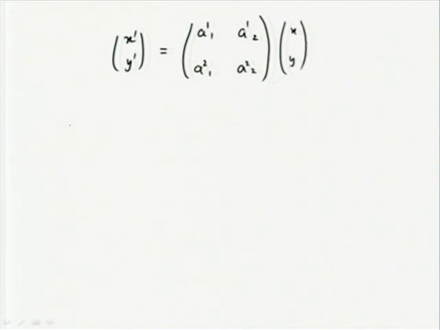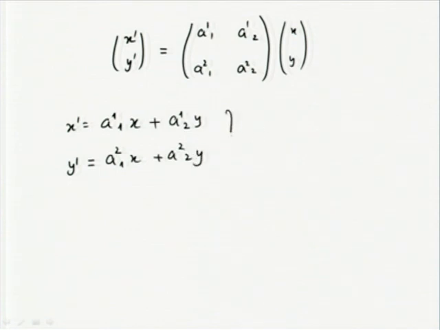So that x prime is A11 x plus A12 y, and y prime is A21 x plus A22 y.